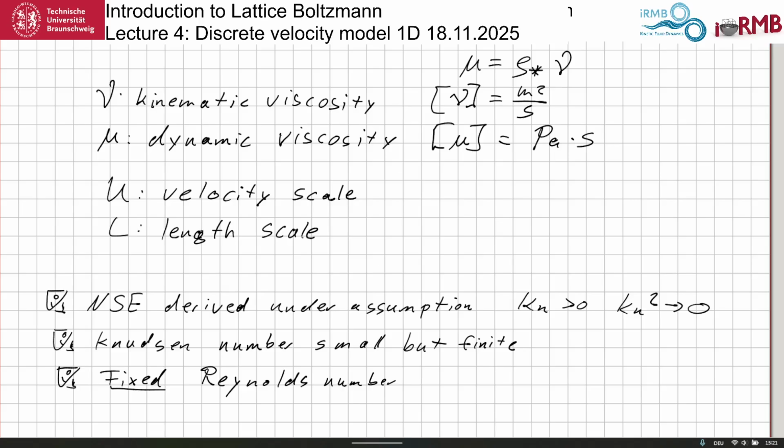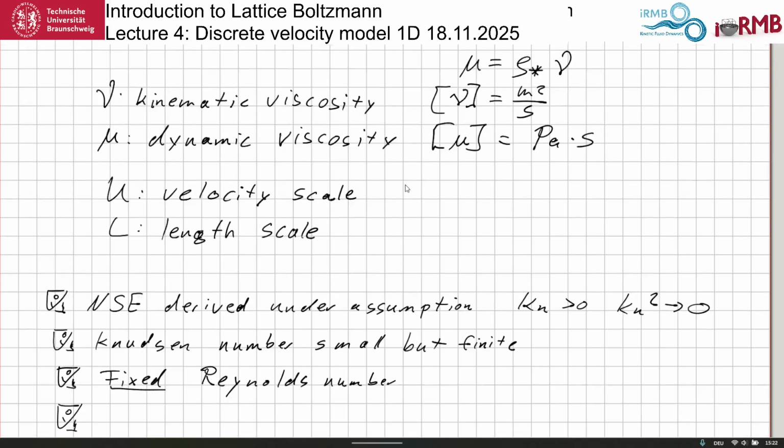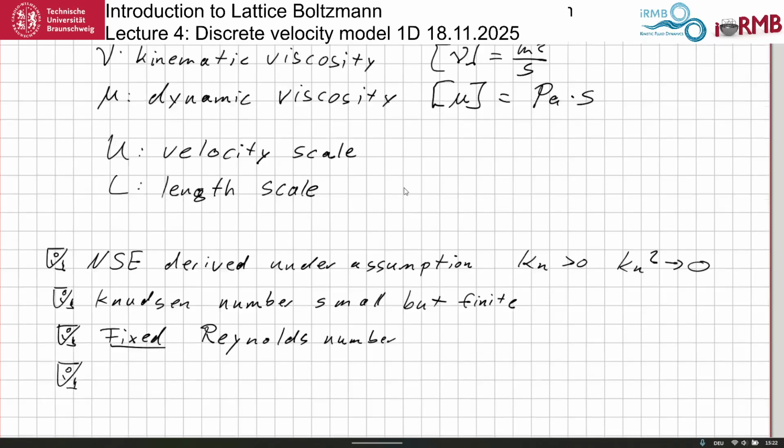This is now very, very briefly why we are not studying this, if you ever come around. So we say we do a discretization of a fixed problem, and therefore our Reynolds number should keep constant. And what follows from this, because as we've just seen, the Reynolds number is the ratio between the Knudsen and the Mach number.